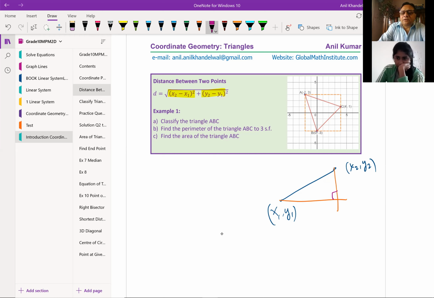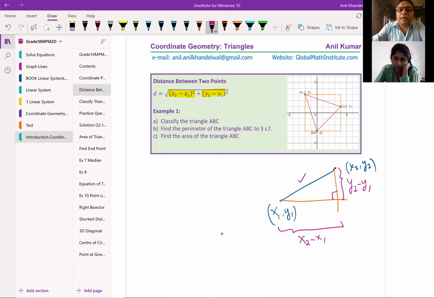This distance from here to here is the difference of x values, x2 minus x1, correct? And the distance here to here is y2 minus y1. And so that distance, which we are calling d, is that. The simple Pythagorean theorem gives you the distance formula.